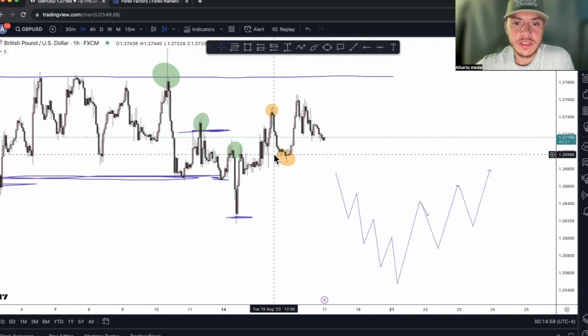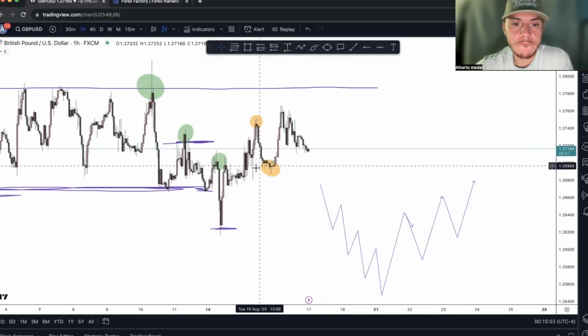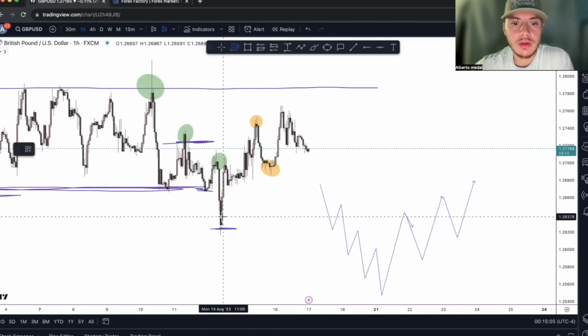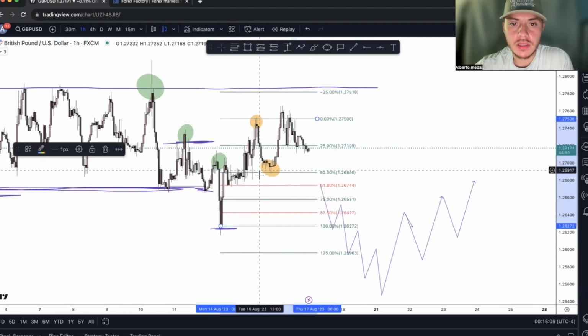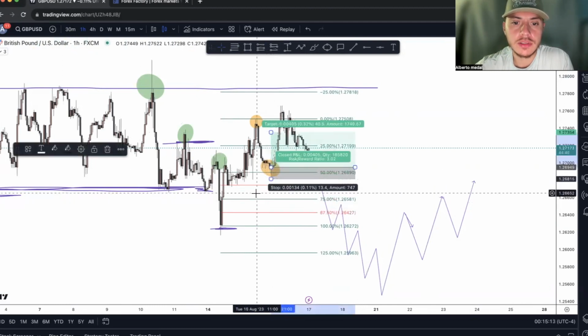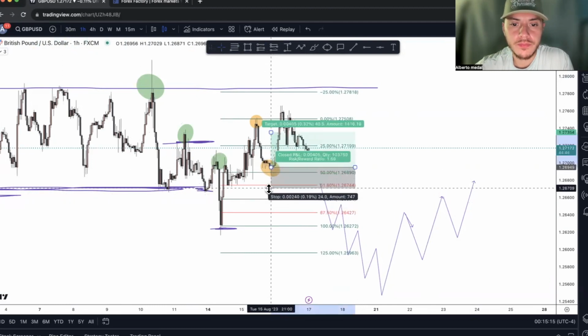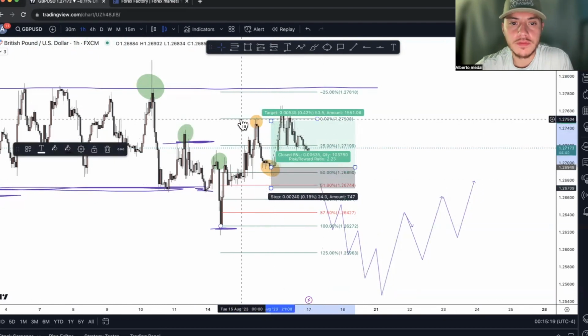So I was paying attention to this area that was consolidating just a bit, came down to my PRZ zone, 50% level, entered right over here, stops right under it, exited out at 53 pips.